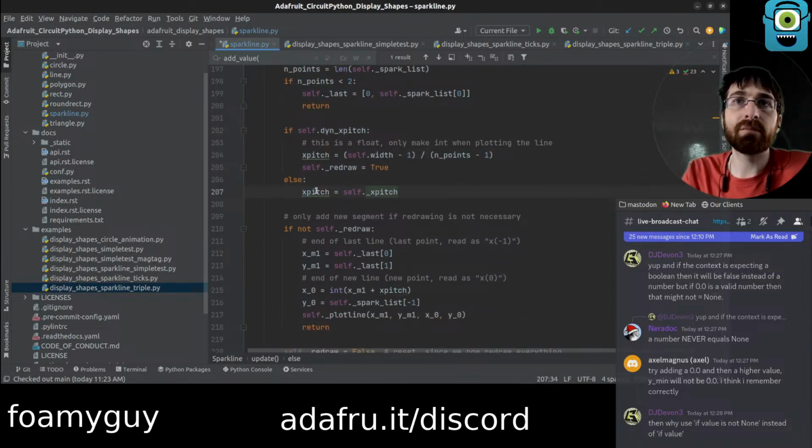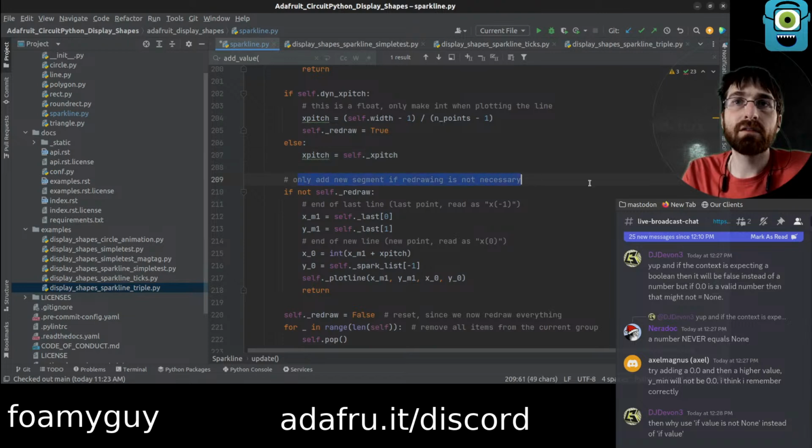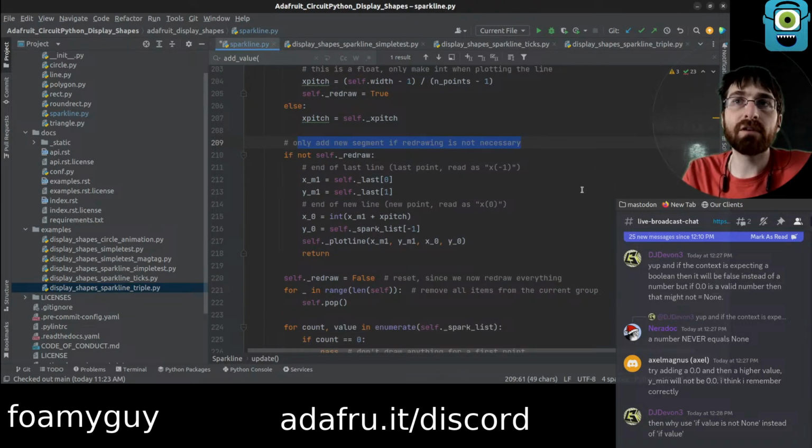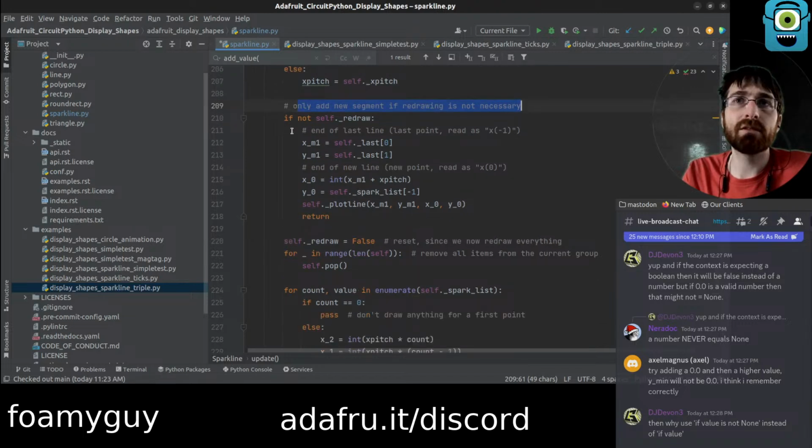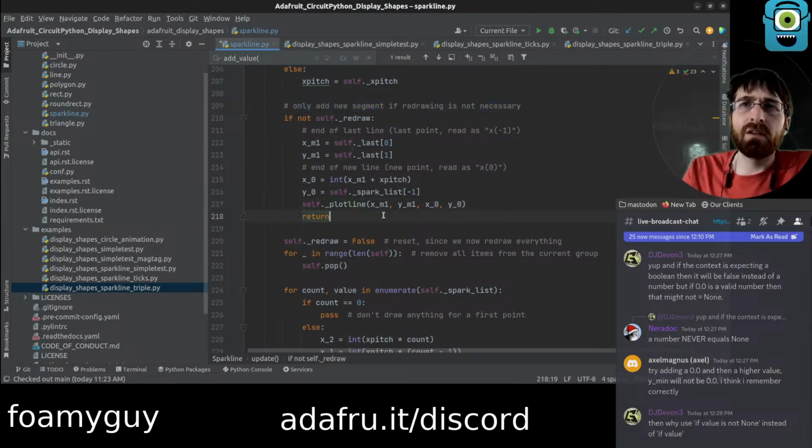I don't feel like that should matter. Only add a new segment if redrawing is not necessary. Don't quite follow that, but that's okay. Into the last line, so this is setting up some points, and it's calling plot line.